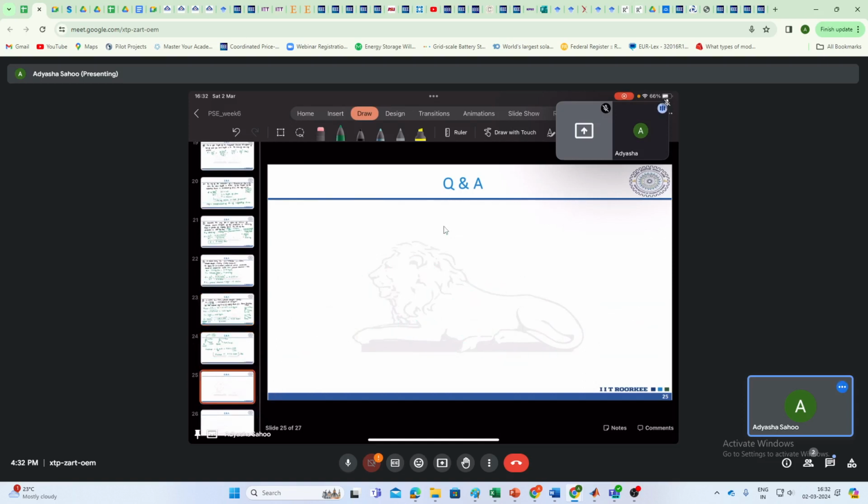Now question 8. A transmission line near river crossing is supported by two towers of height 40 meter and 80 meter above water.